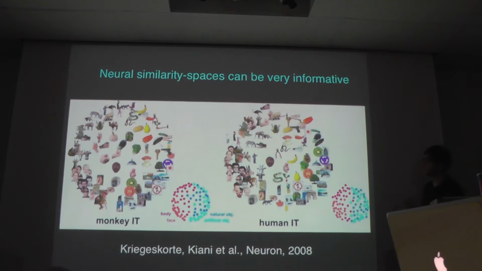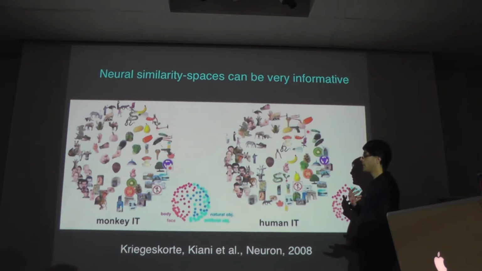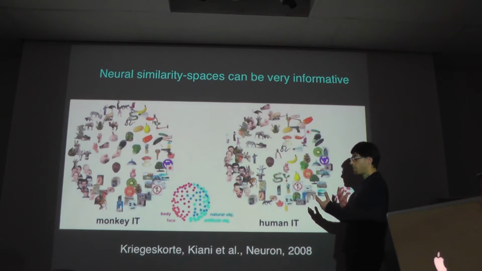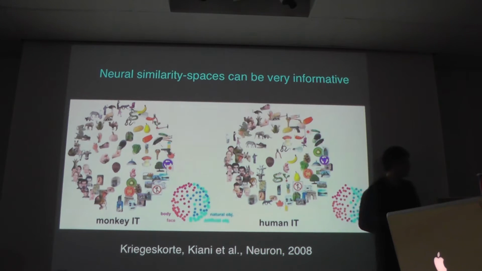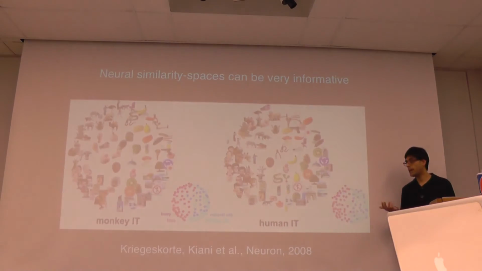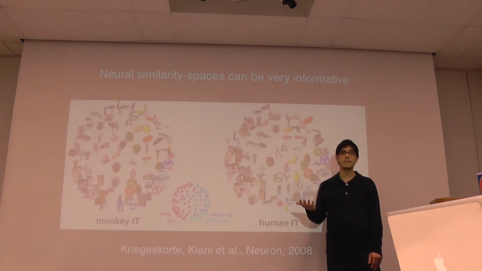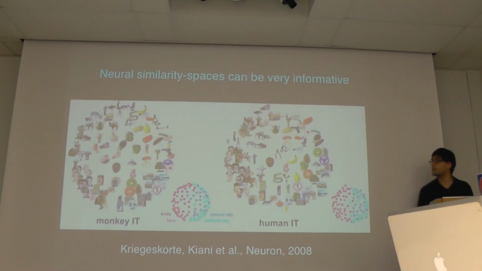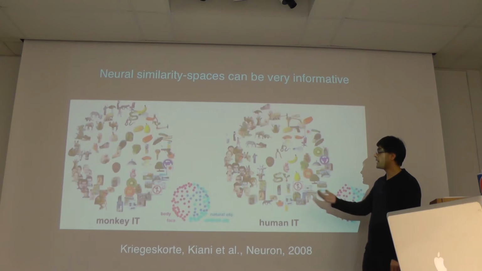So this means you can actually make a real comparison between human and monkey representations of the world. But if you think about it, what's being compared here is actually kind of amazing, because they're two completely different types of data.